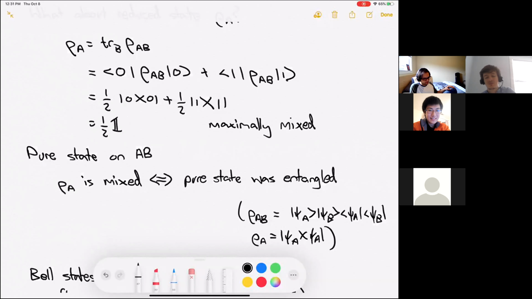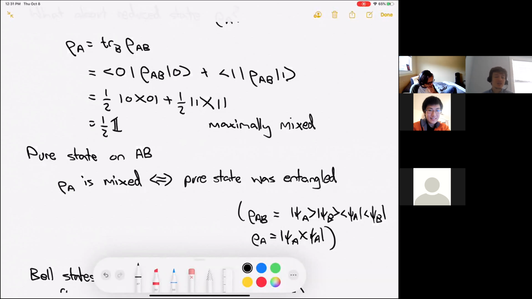Okay. Oh yeah, go ahead. If I'm doing some experiment and I have a density matrix for my system, can I assume that it's been traced over the universe and what I have is the rho_AB? Yeah, exactly.